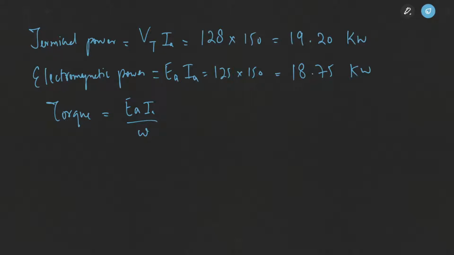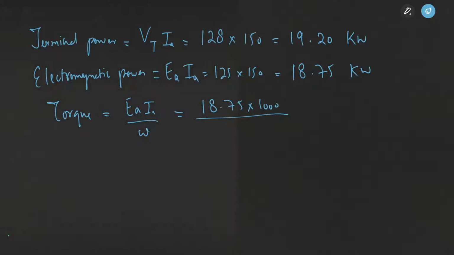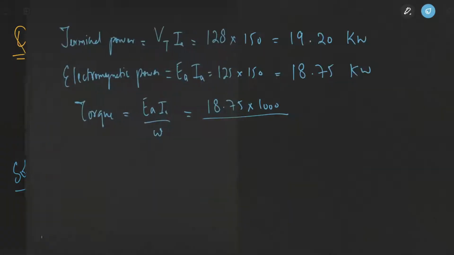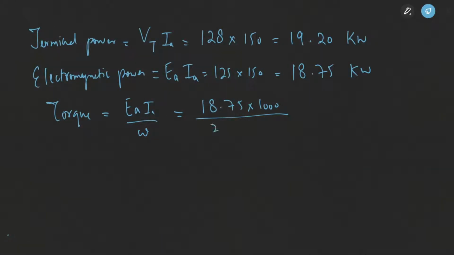EAIA is 18.75 into 1000, and as far as omega goes, the speed of the motor has been given to us. It is 3000 RPM.